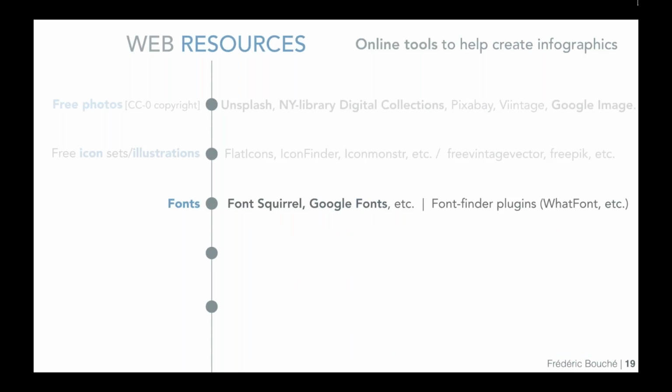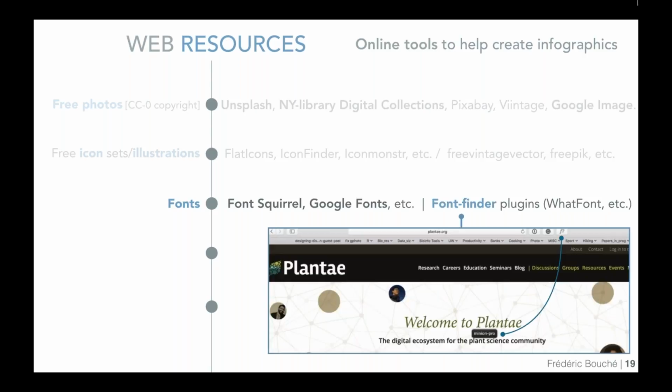You also have tools that allow you to find which font you are reading. So WhatFont, for example, is a plugin that you can install. It works for Chrome, for Safari. I don't know if it works for Internet Explorer, but probably there are alternatives to that. And these font finders are very interesting because when installed on your web browser, you can click on them and then go on the web page you're currently on and check what font is currently displayed.